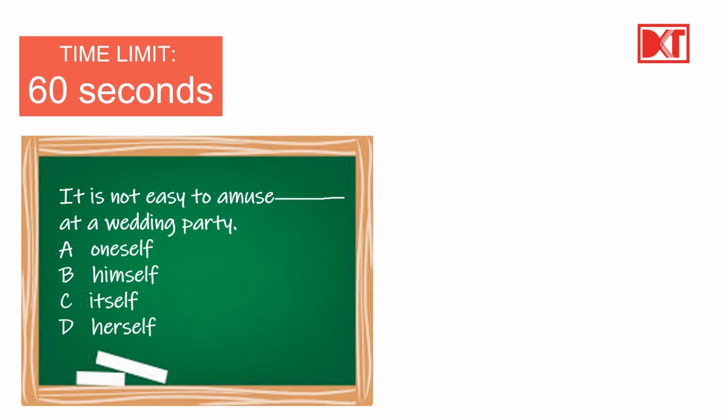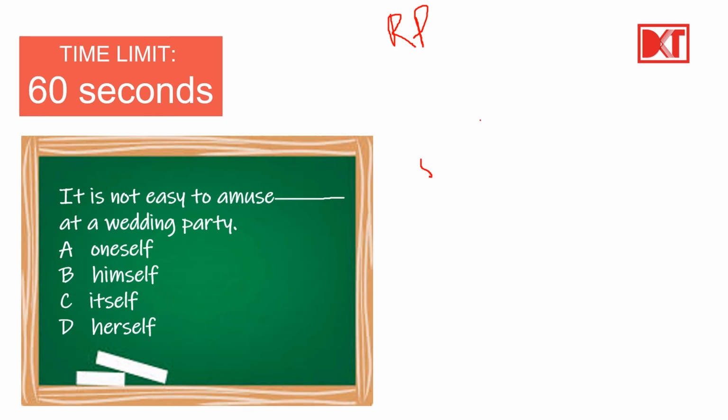So here we have to fill in reflexive pronouns. The question says, "It is not easy to amuse dash at a wedding party." Now here you see there is no specific subject. We are not talking about some particular person, not about me or you.